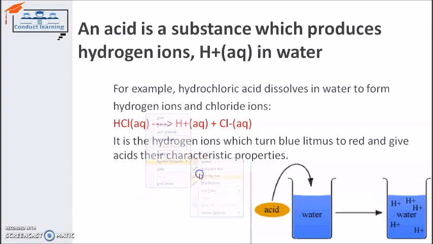The same thing is also mentioned in this equation. The H plus ions are produced because of the acid. That means acid produces H plus ions when it dissolves in water. After that, if we check this water with the help of blue litmus paper, the litmus paper will turn red.